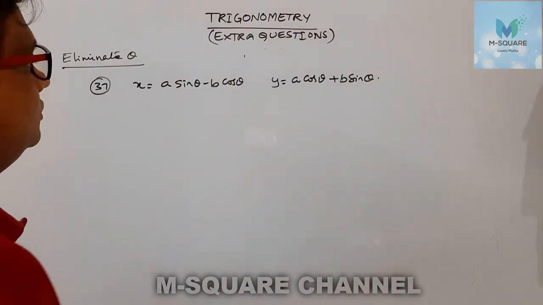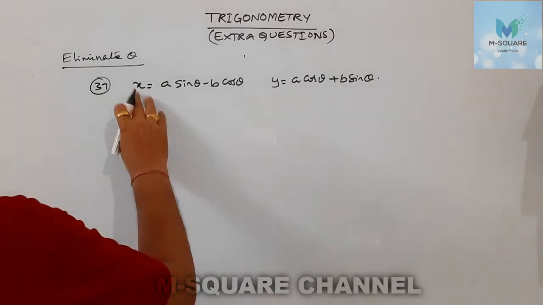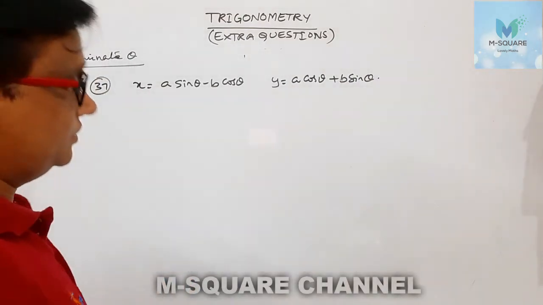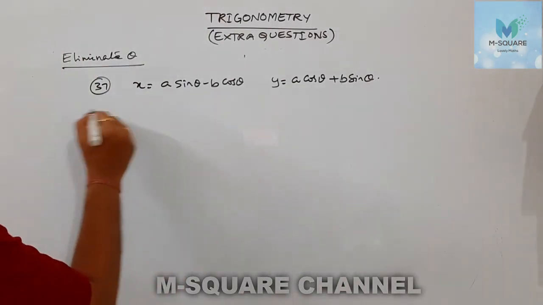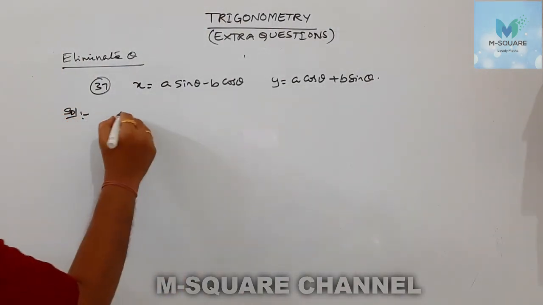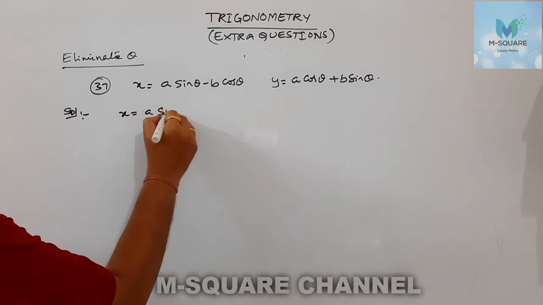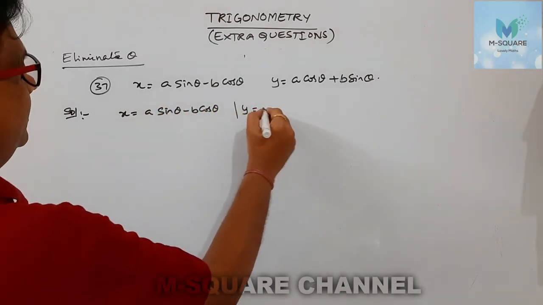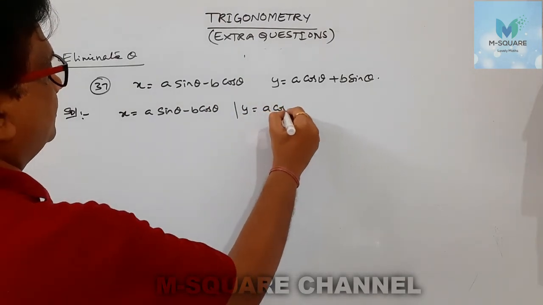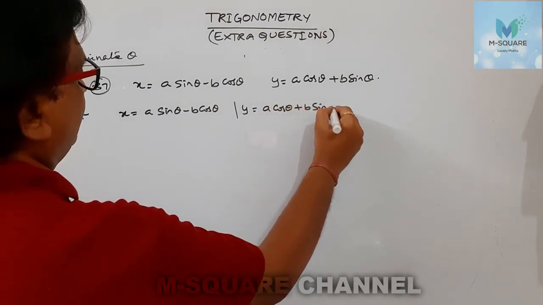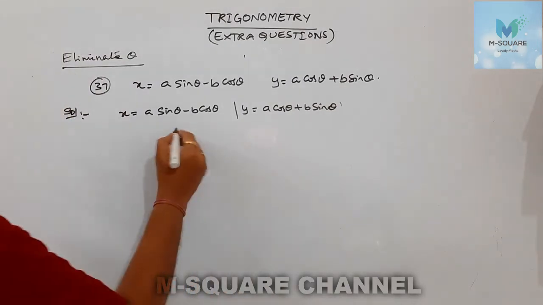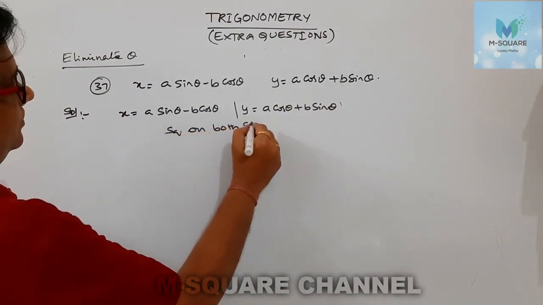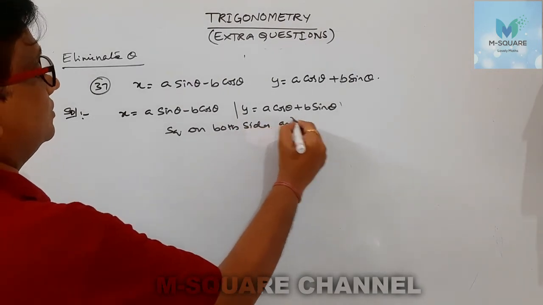In this question, we are going to remove the theta. x equal to a sin theta minus b cos theta, y equal to a cos theta plus b sin theta. First of all, we are going to do squaring on both sides and add.